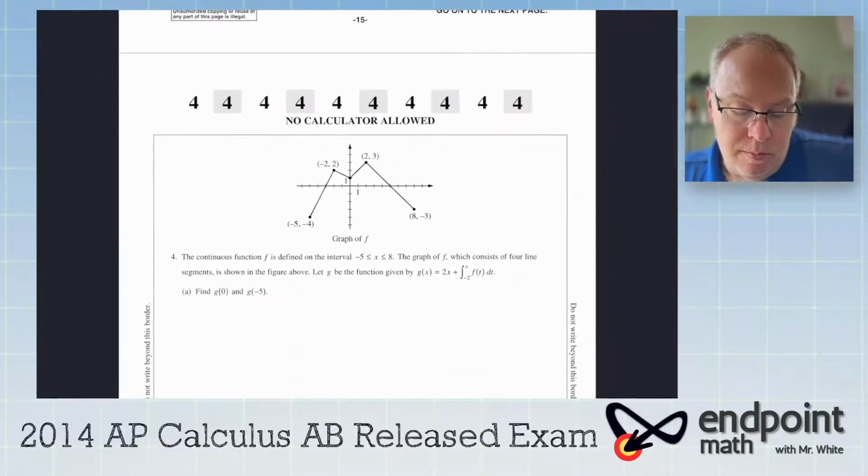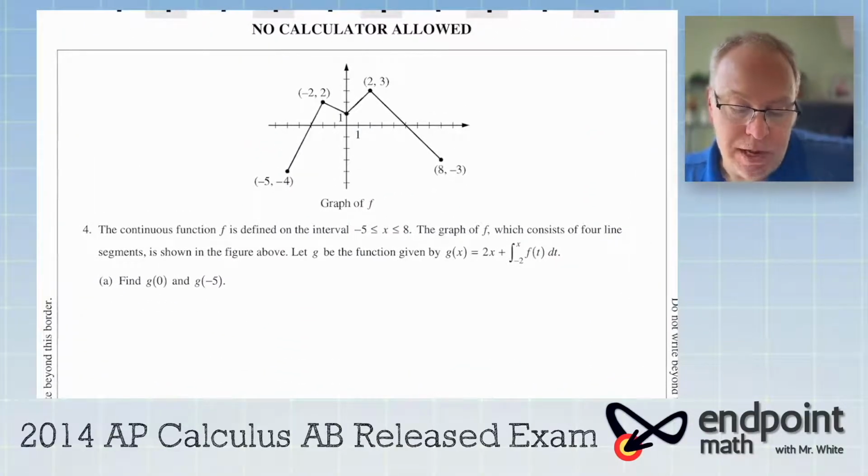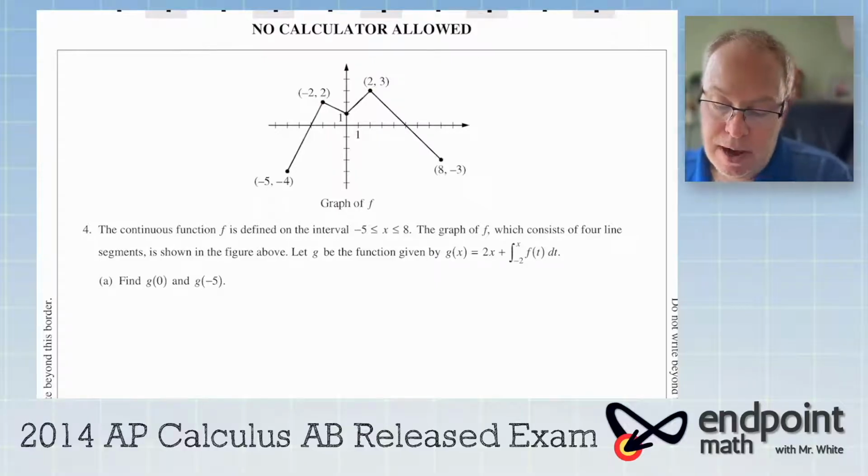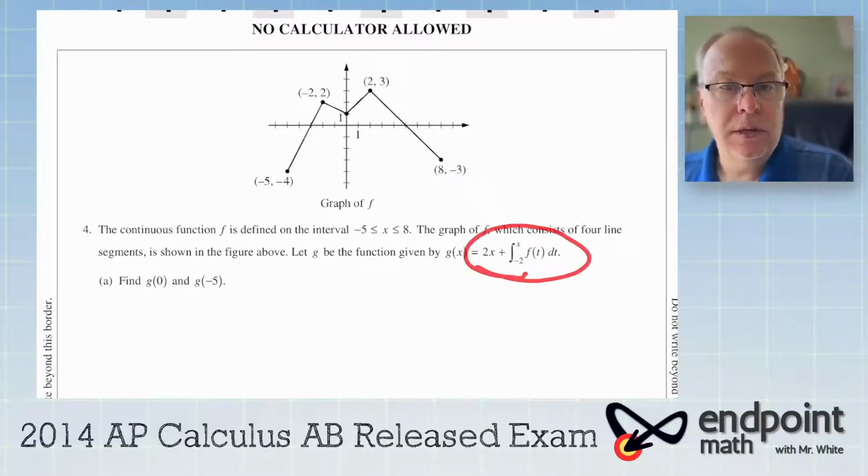Let's move on to number 4, which is the second problem here in the no calculator section. The continuous function is given above. Now notice that it has some corners. You should really take note of that. The graph of f given here consists of 4 line segments. Let g be the function given by this here.